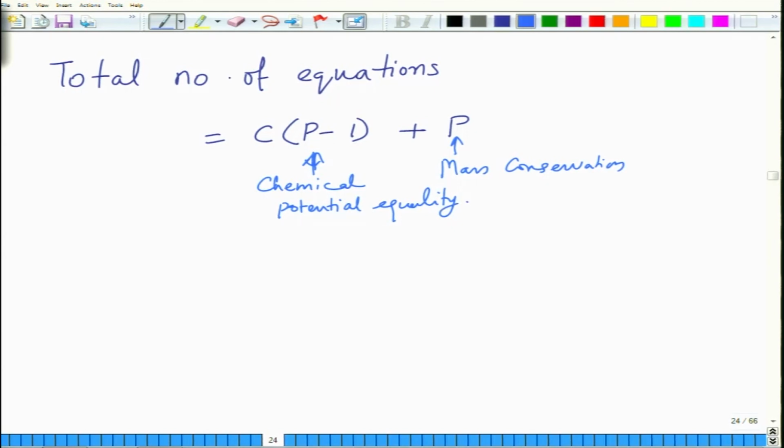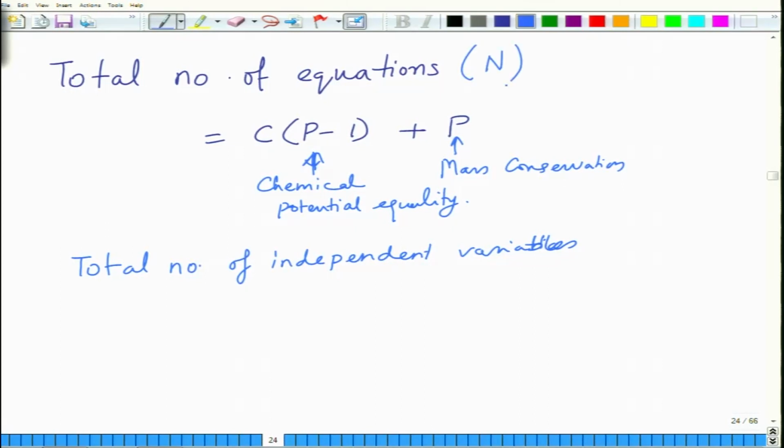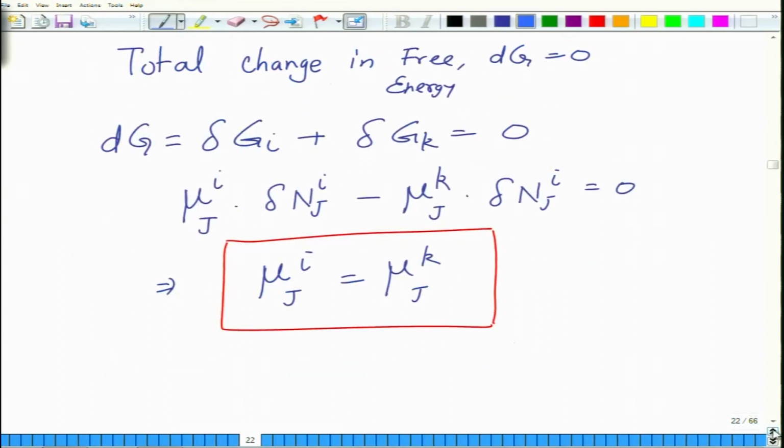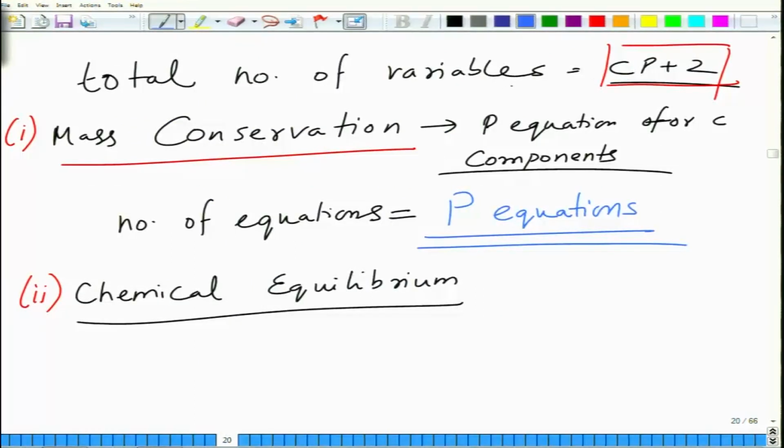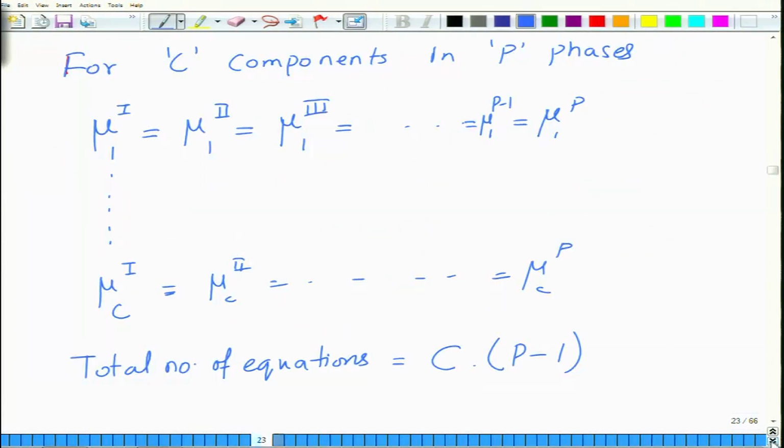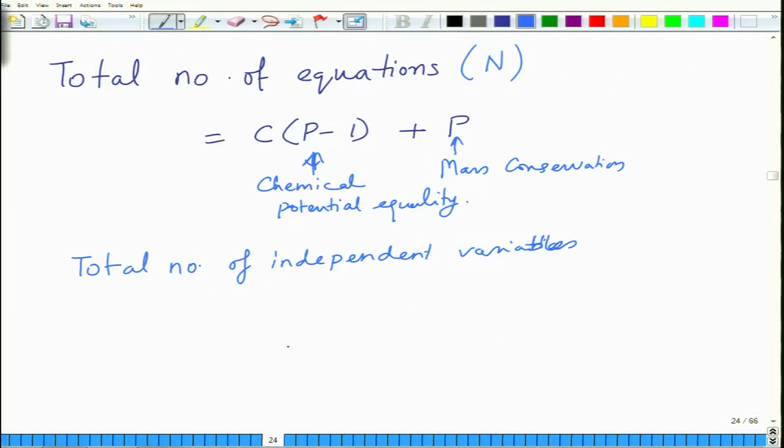So what is the total number of variables? The total number of independent variables is, this is nothing but n, and the CP plus 2 will be equal to m. So we are saying this is basically m minus n.